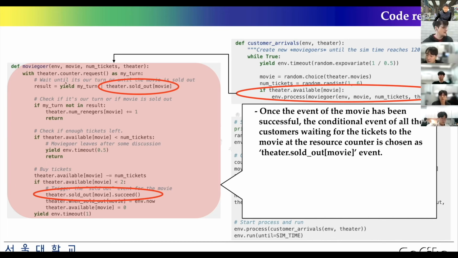successfully, but during the wait at the counter here, if the previous customer who is trying to buy a ticket for the same movie as this moviegoer buys tickets, the number of tickets can be changed to 0.